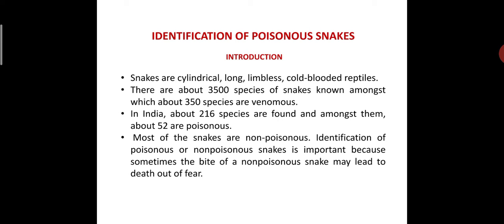So identification of poisonous or non-poisonous snakes is important because, by the bite to a victim, it can be easily noted whether the snake that has bitten is poisonous or non-poisonous.